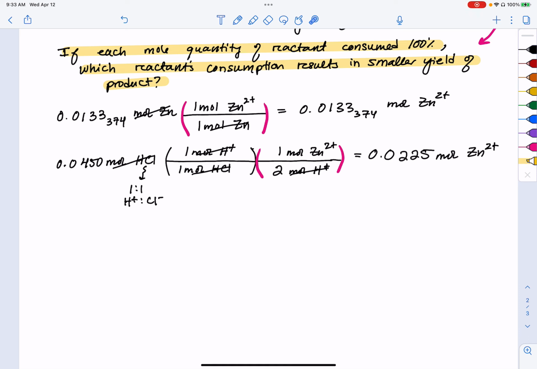So I've got the zinc that when completely consumed gives me 0.0133 moles of zinc ion. And then I've got my hydrochloric acid, which when fully consumed gives me 0.0225 moles of zinc ion. So since this is my limited mole quantity, this is my theoretical yield, meaning that the solid zinc, this is my limiting reactant.